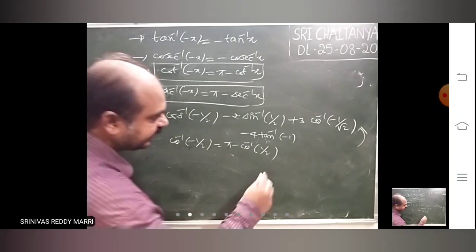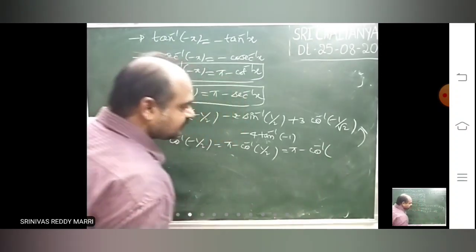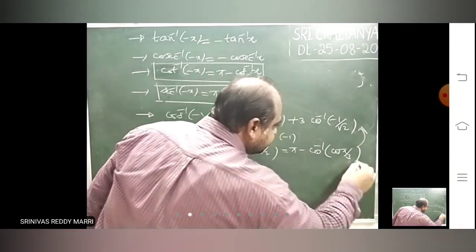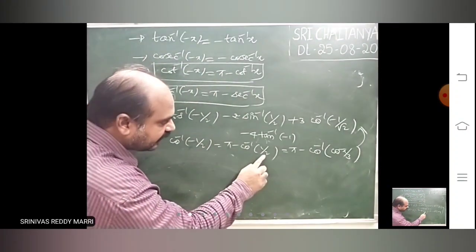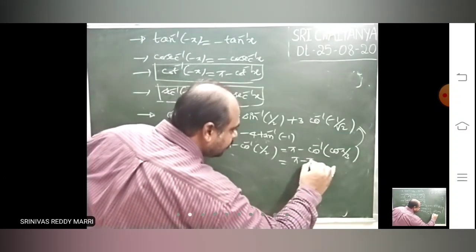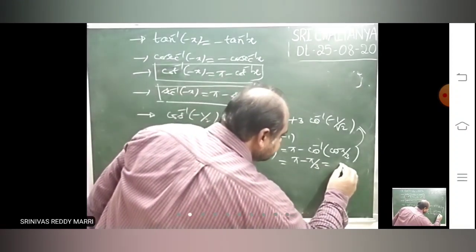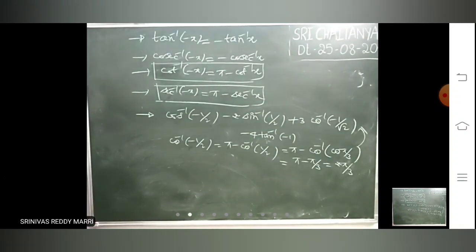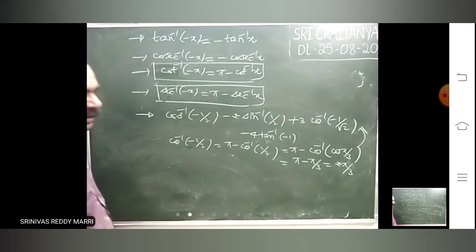Therefore, pi minus cos inverse 1 by 2, which can be written as cos pi by 3. Cos 60 is 1 by 2. So 1 by 2 is cos pi by 3. Cos inverse cos x is x. Pi minus pi by 3. If you take the LCM, you will get 2 pi by 3. So cos inverse minus 1 by 2 is 2 pi by 3.